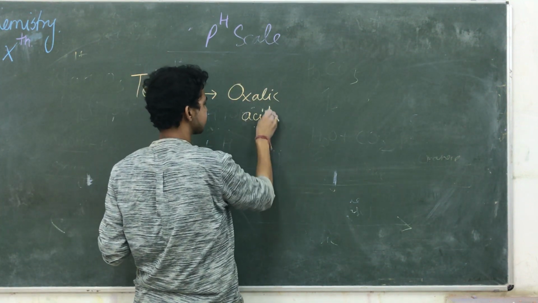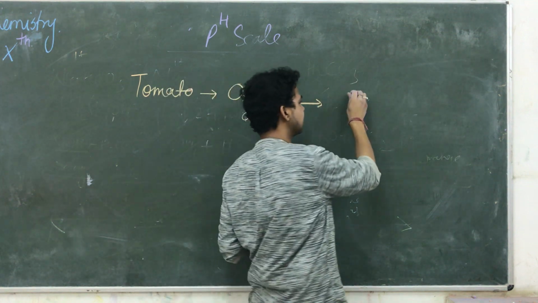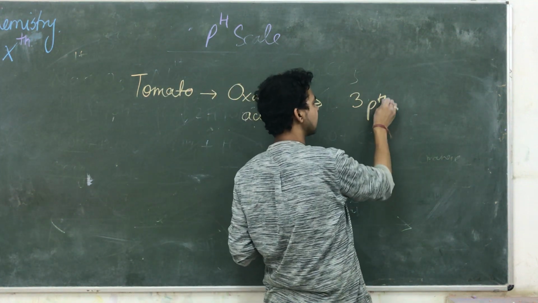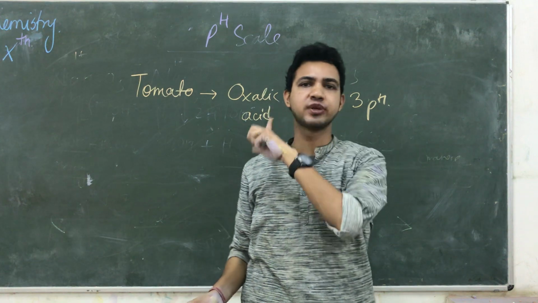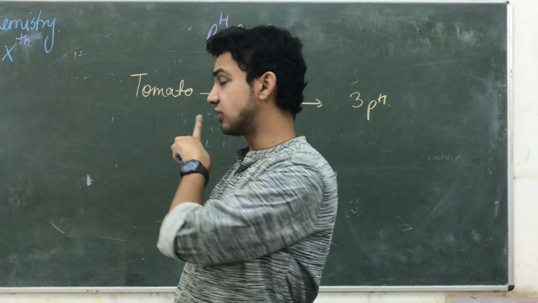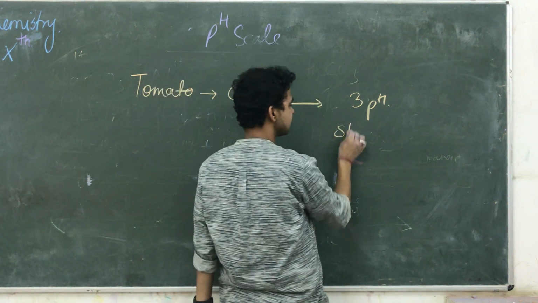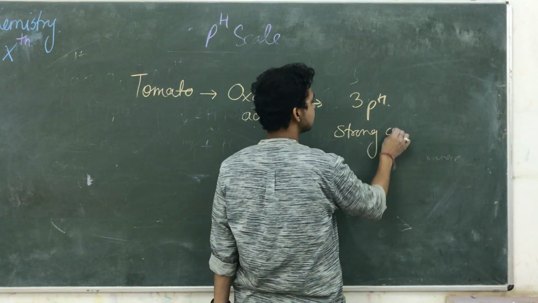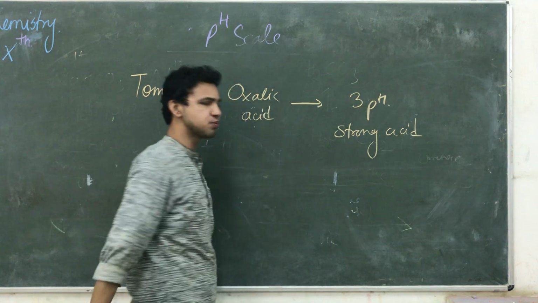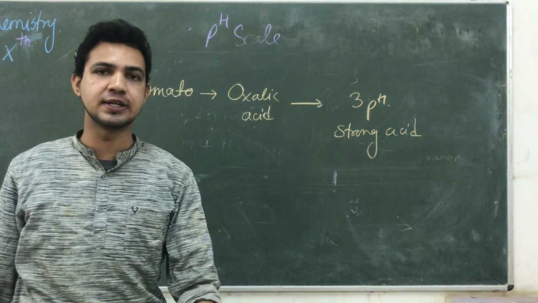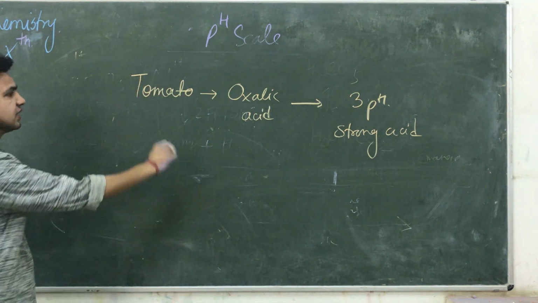Its pH value lies around 3. According to that scale, if the pH value is 3, the nature of oxalic acid is strong. It is a strong acid, and pH paper dipped in it will give an intense red color.